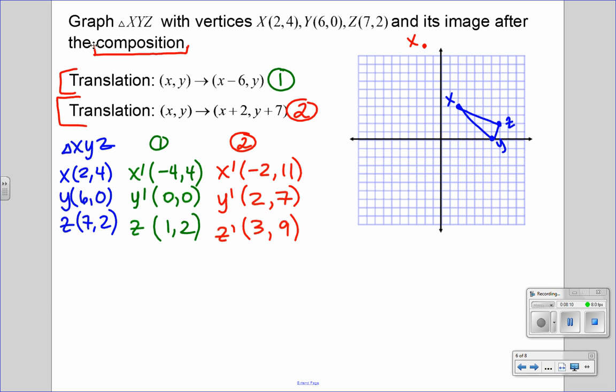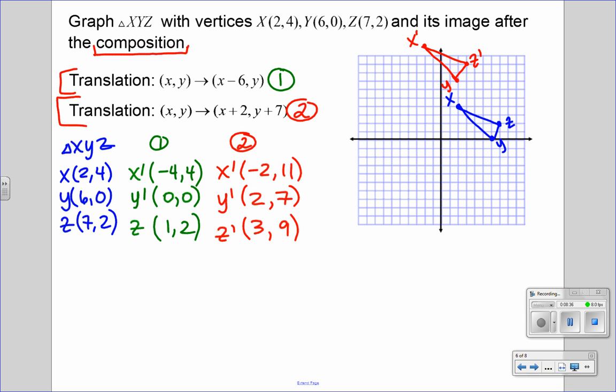That's our x. Our y is at 2, 7. And our z is at 3, 9. Okay, and that is our image.